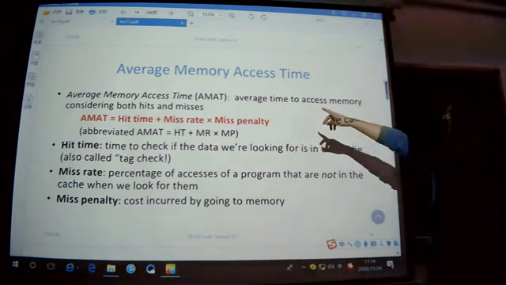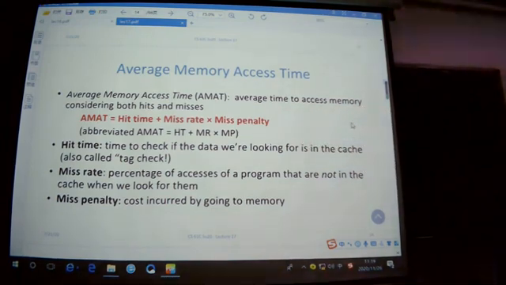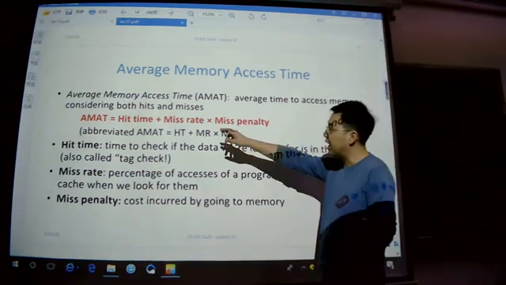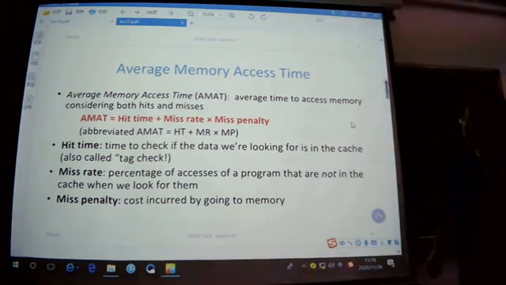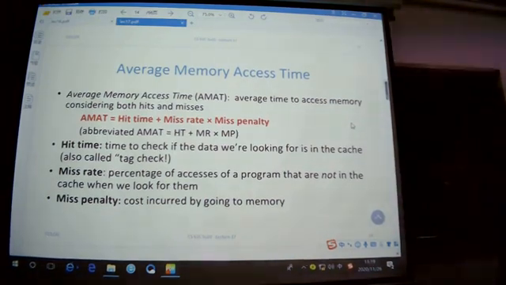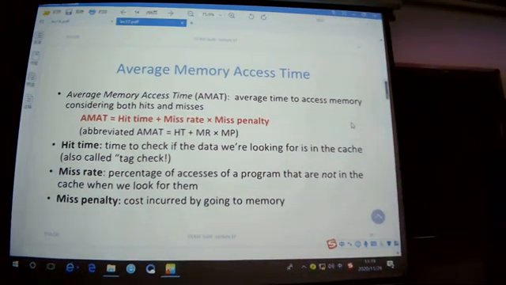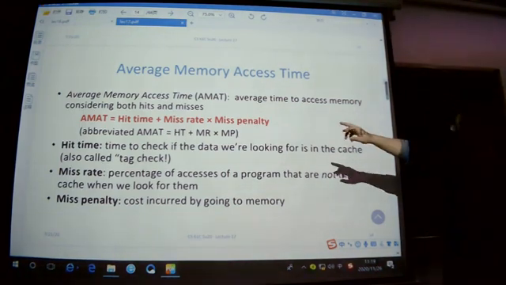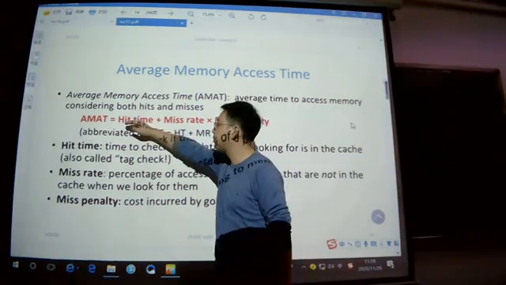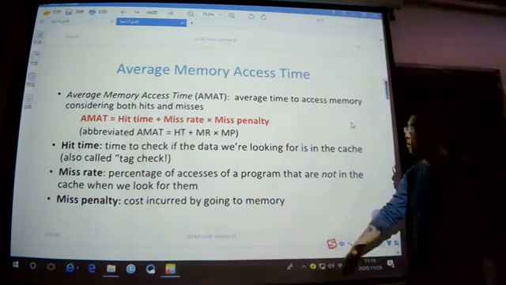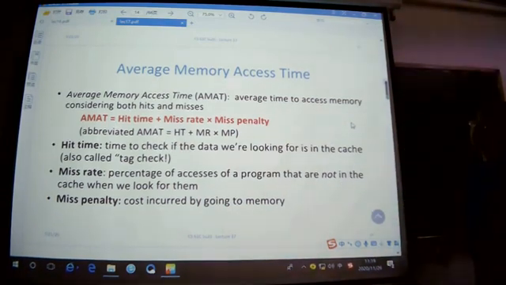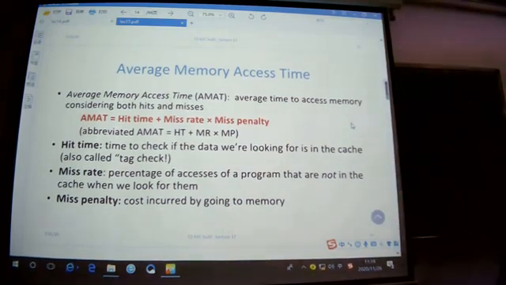AMAT is the average time to access memory considering both hits and misses. Hit is good, miss is bad. AMAT equals hit time plus miss rate multiplied by miss penalty. Miss penalty is the bad thing.